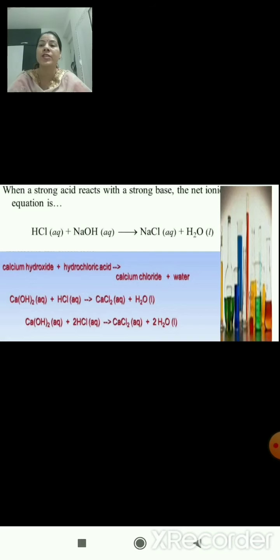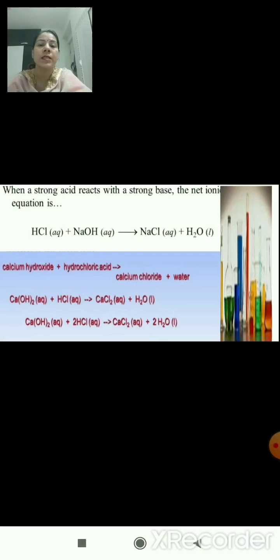So here calcium hydroxide is written as Ca(OH)2, and it is in aqueous form, and the acid taken is HCl, hydrochloric acid, which is also in aqueous form, and after reaction of this we are getting calcium chloride, which is also in aqueous form, and water.